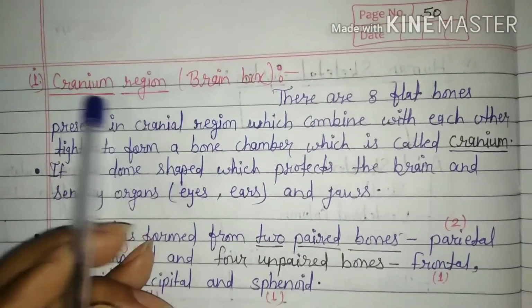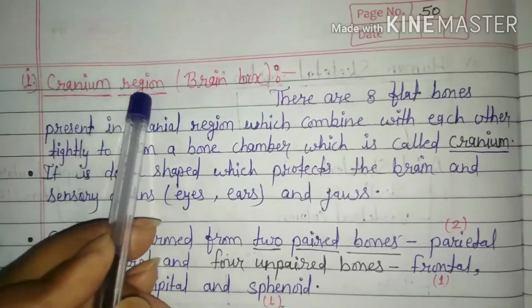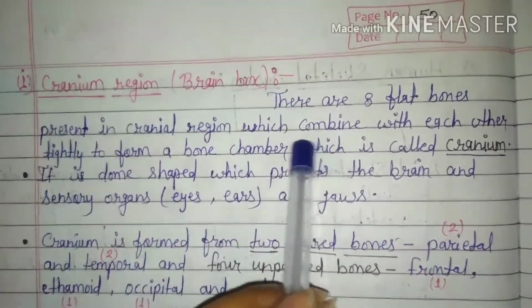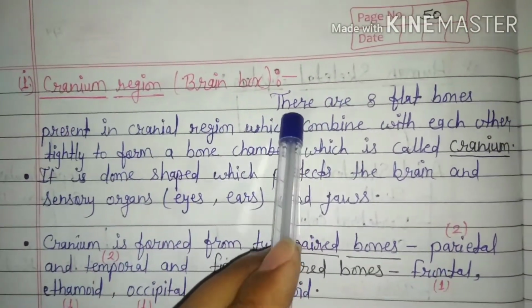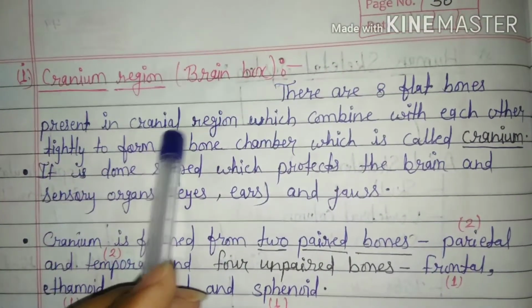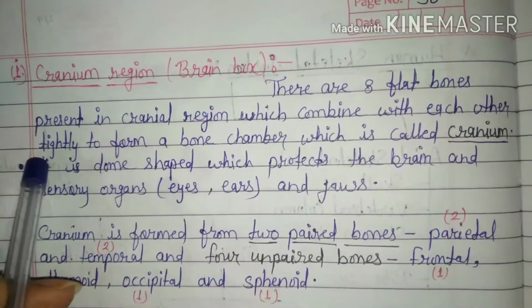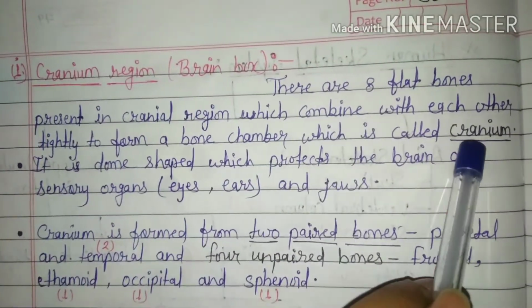The first part of the skull is the cranium region. It means the cranium box or brain box. It is the protective part of the brain. There are 8 flat bones present in the cranial region which combine with each other tightly to form a bone chamber called the cranium.